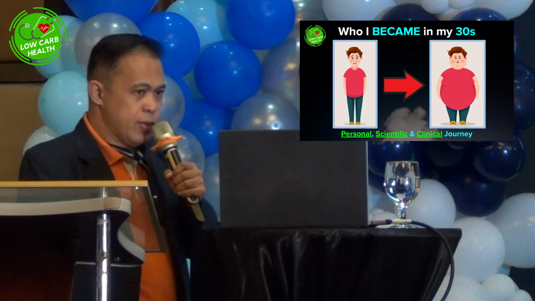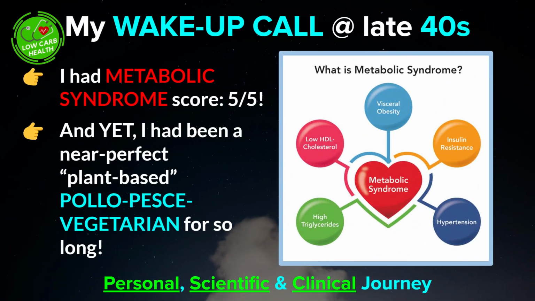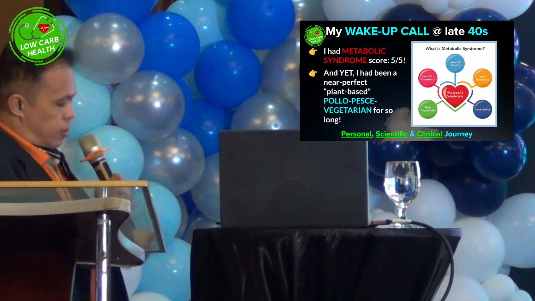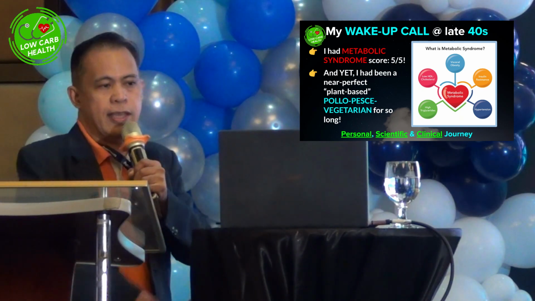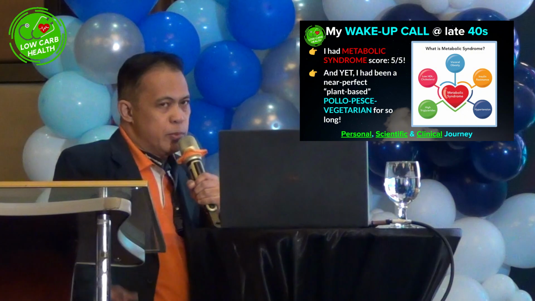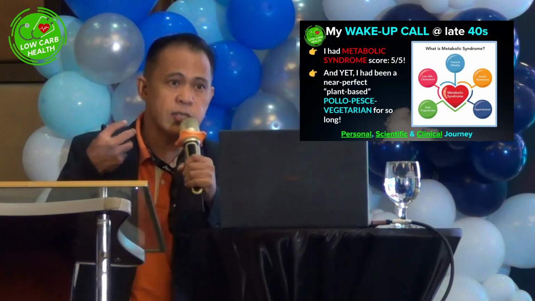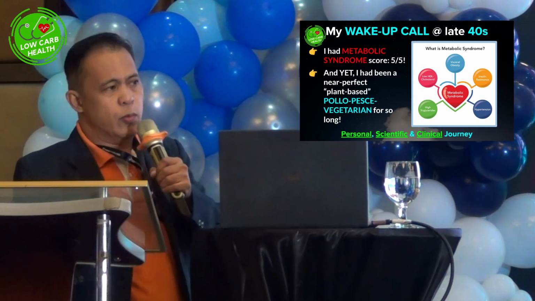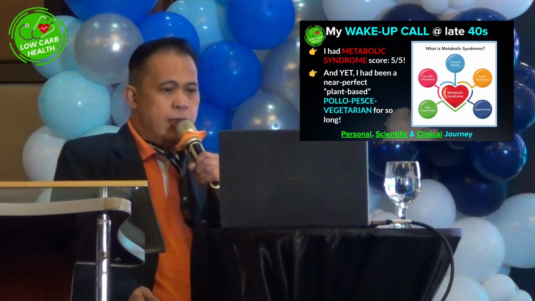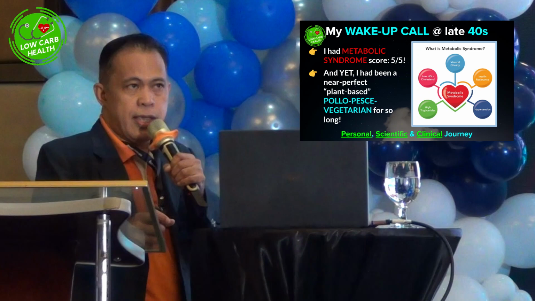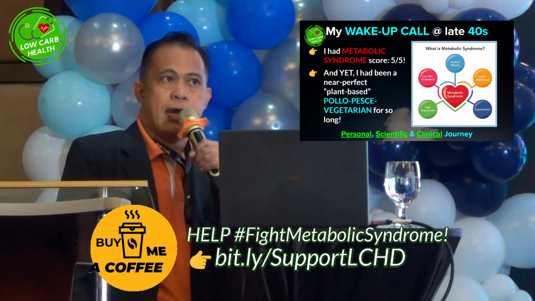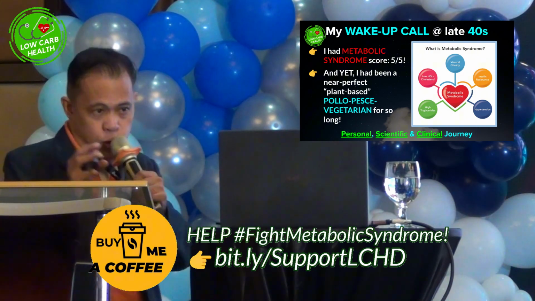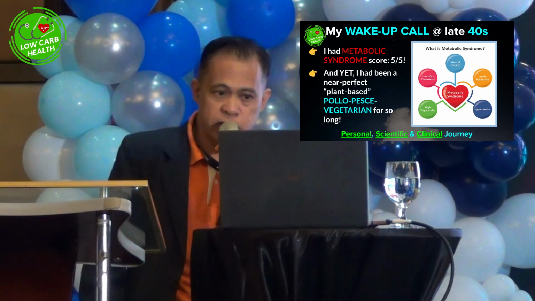So my wake-up call came in my late 40s, because by that time I realized I had developed metabolic syndrome. We'll talk about this in more detail a little bit later. But the problem is I had cognitive dissonance, or what I learned in the past years was conflicting with what I was learning presently, because all through those years since my late 20s, I had been on a near perfect plant-based, what is called a pollo-pescetarian diet.